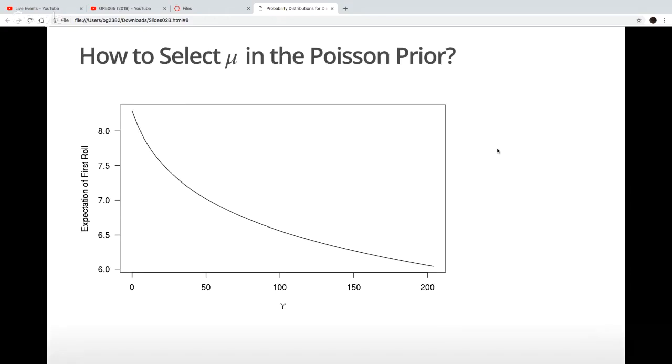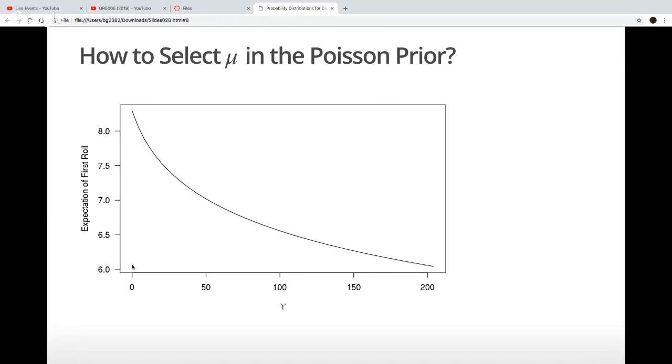Okay, so what I was saying, how would I select mu in my prior that has a Poisson distribution for upsilon? One way to do that would be to consider how the expectation for the number of pins knocked down in the first roll of a frame of bowling varies as a function of upsilon. And that is plotted here.